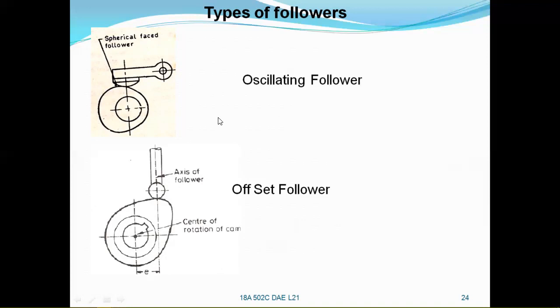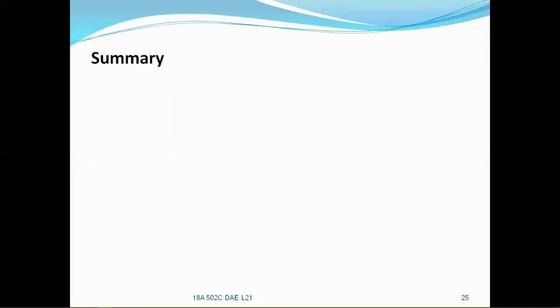Once again, as a summary of this lesson, we have discussed what is meant by cam, what is the working principle of cam mechanism, and what are the various parts of cam. The cam mechanism will have camshaft, cam, follower, and the supporting frame. These are the elements of cam mechanism.